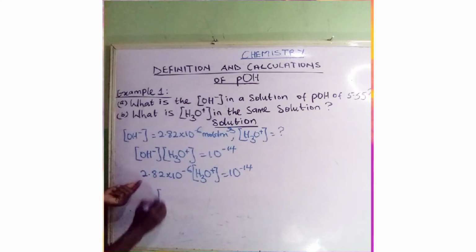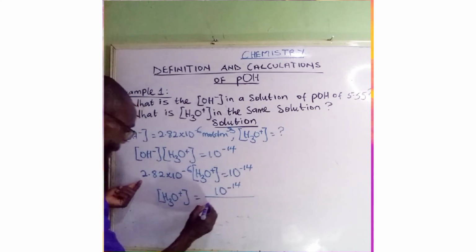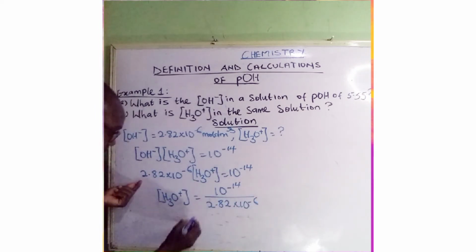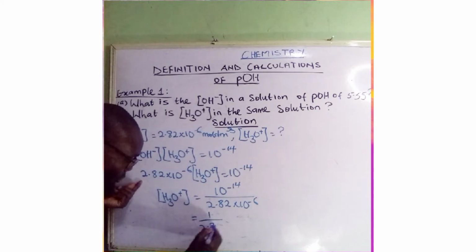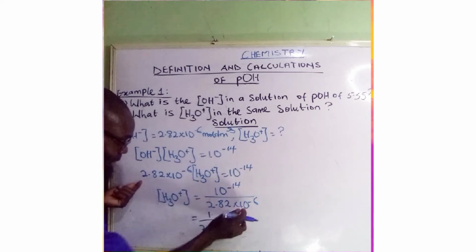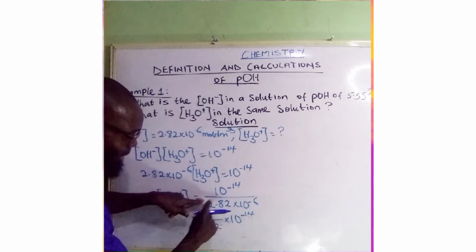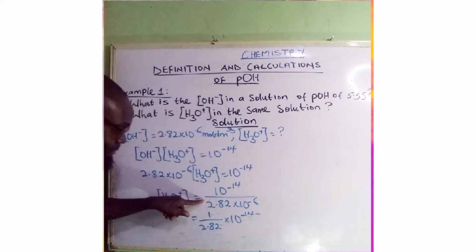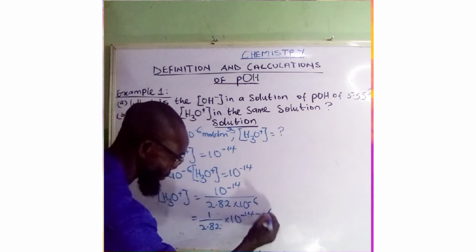So we have concentration of hydroxonium ion equals 10 raised to the power minus 14 divided by 2.82 times 10 raised to the power minus 6, meaning we have 1 divided by 2.82 multiplied by 10 raised to the power minus 14. This division, in indices, changes to minus. Then we have minus 6.